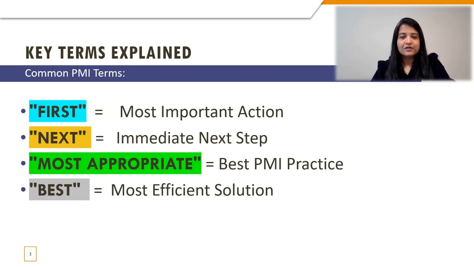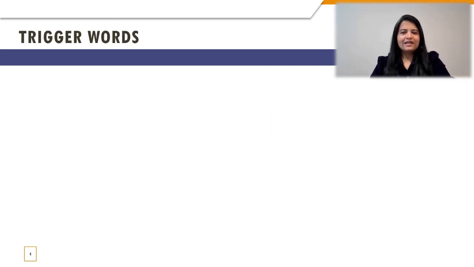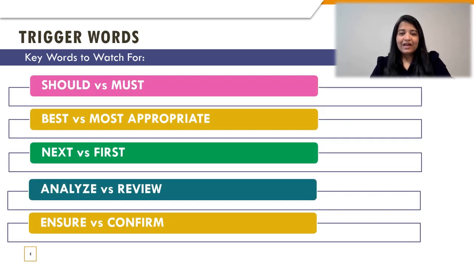Now let's take a look at certain trigger words that we need to watch for while solving questions on the actual exam day. The first one is should versus must. In normal English, should indicates a best practice or recommended action, whereas must indicates a mandatory requirement with no flexibility involved.